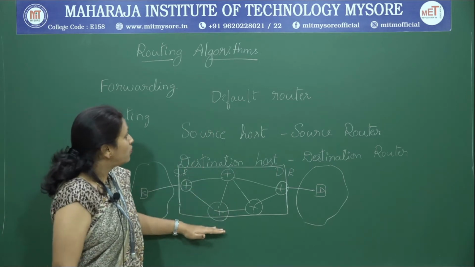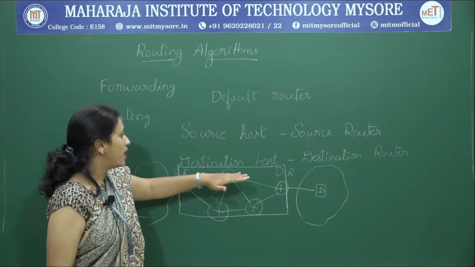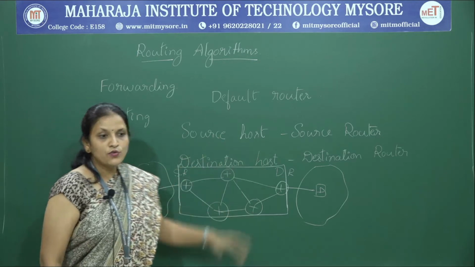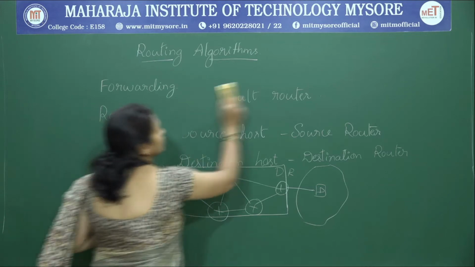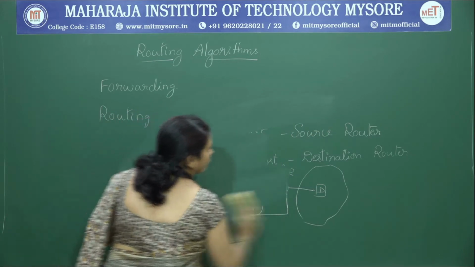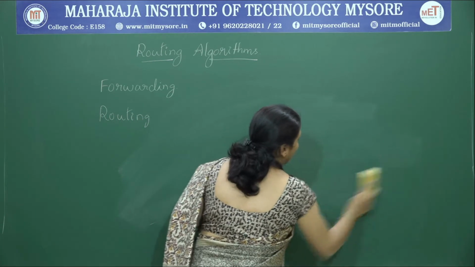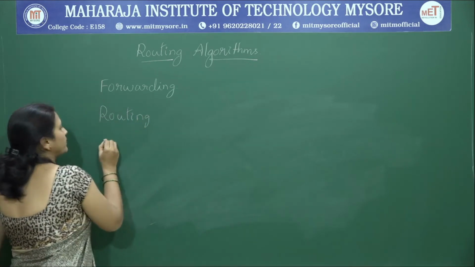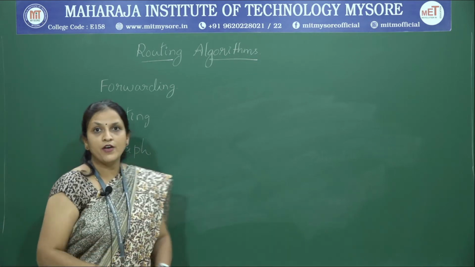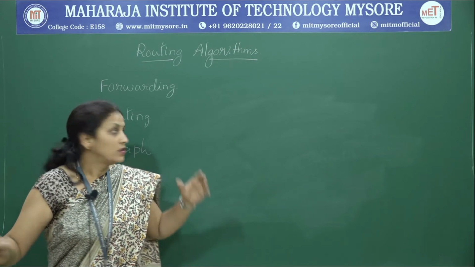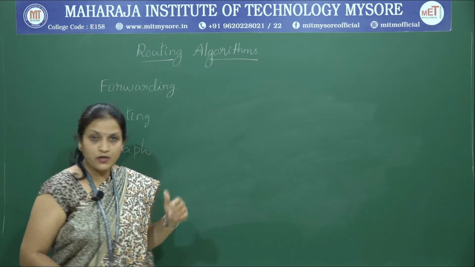So after learning about default router, source host and destination host, we will move on to the next thing, that is graph. Okay. The next is graph. We use graph in order to implement this routing algorithm.